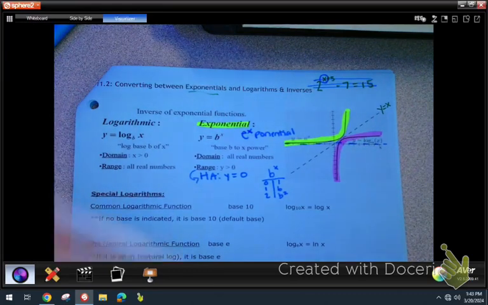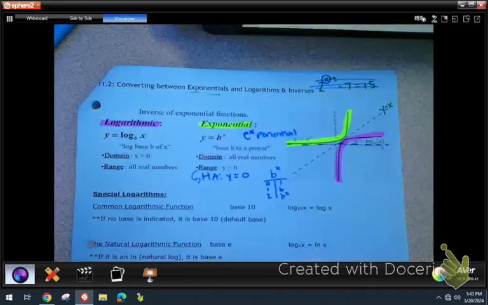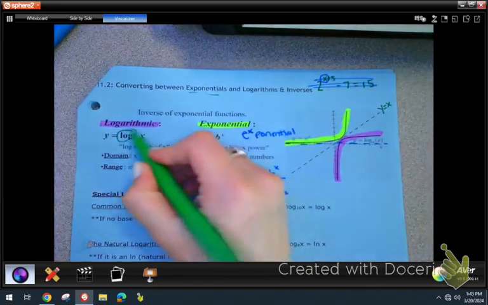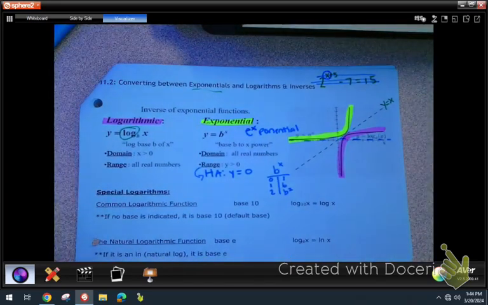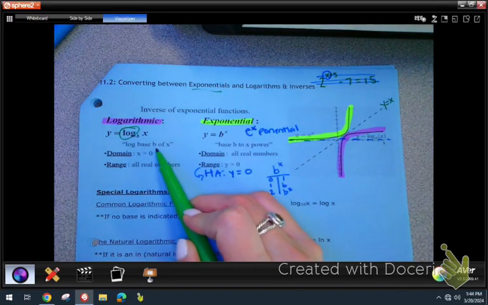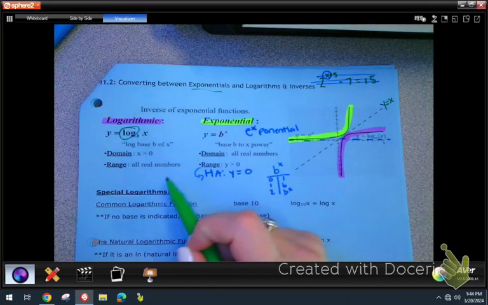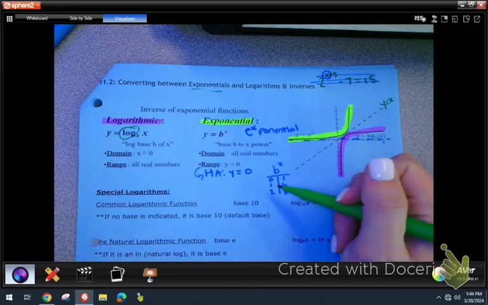Again, it's obvious that it's a log because what word is going to be in the equation? Log. Okay, there shouldn't be any confusion. You'll be able to see it there. And again, you read this, log base b of x. You'll have a base. That base is important in determining your points.